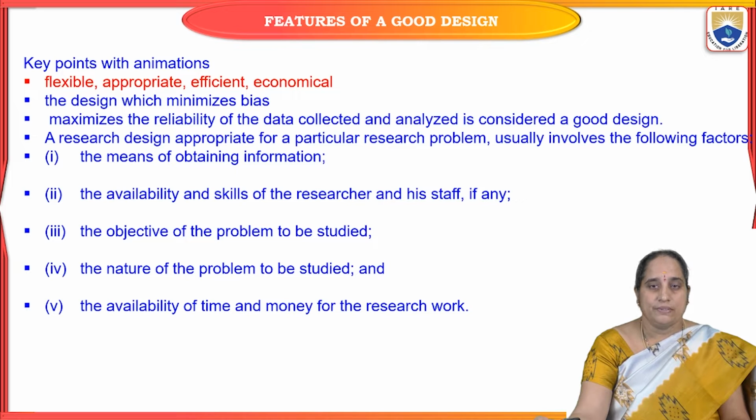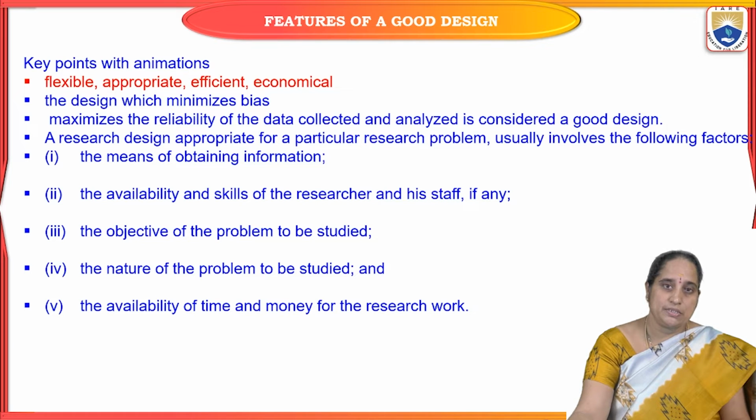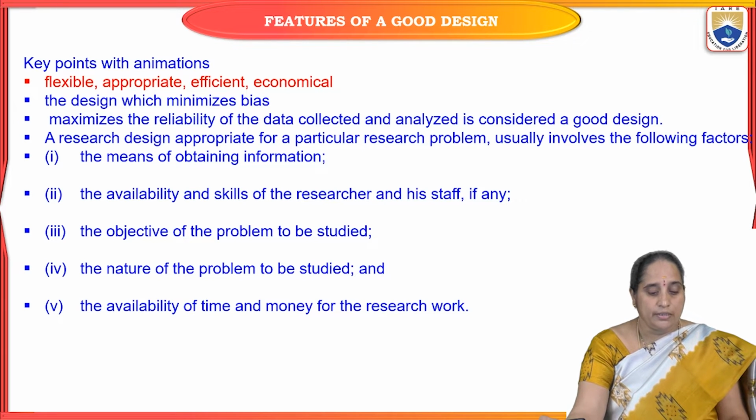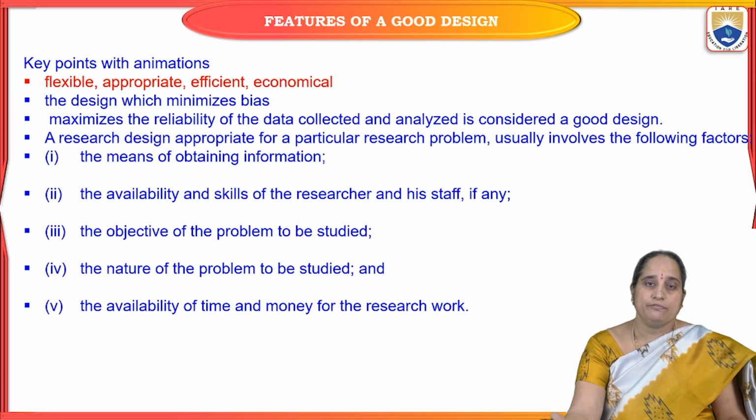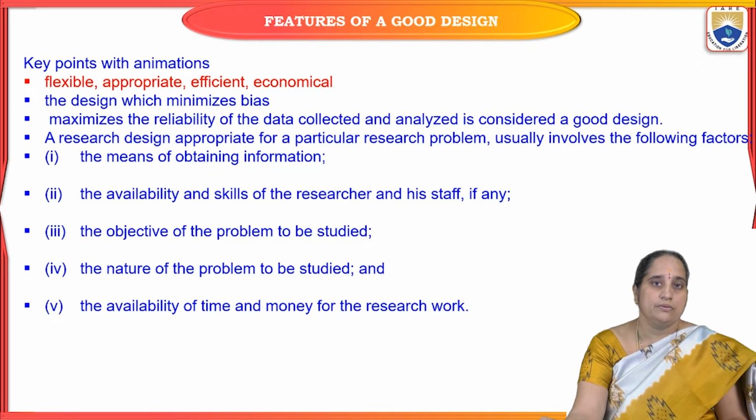So knowledge about a particular subject is mandatory for the principal investigator as well as other members who support him in his research journey. And the objective of the problem to be studied: we should define the objective very clearly. Just by looking at your objective, one can understand what type of study you are going to deal with.